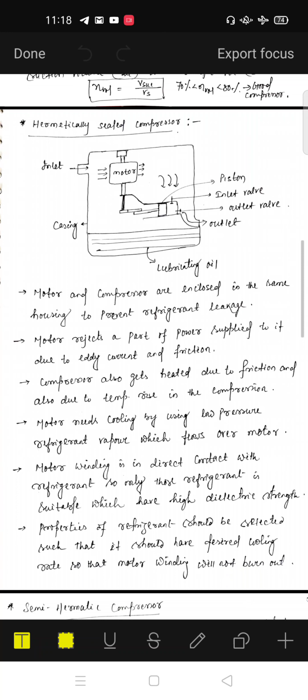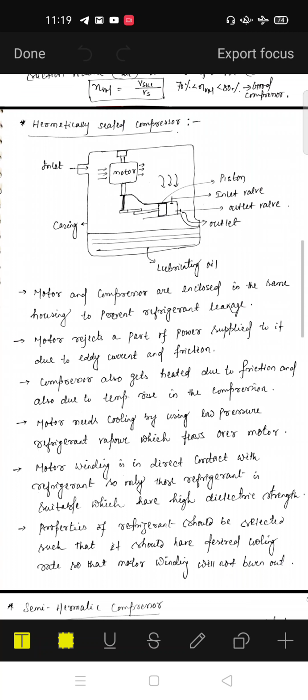The motor and compressor are enclosed in the same housing to prevent refrigerant leakage. Next point you have to remember: the motor rejects a part of the power supplied to it due to eddy current and friction. The compressor also gets heated due to friction and also due to temperature rise in the compressor.